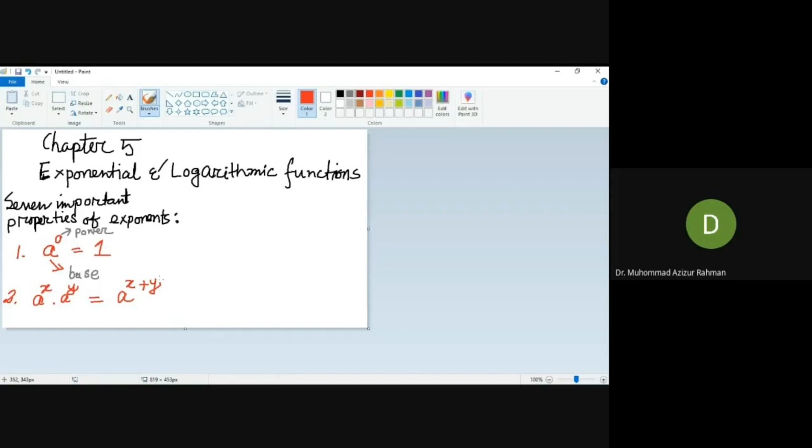So this is the second property. A to the power x multiplied by a to the power y, and then we can write a to the power, same base, and the powers we can add. So this is the multiplication of two exponential functions.